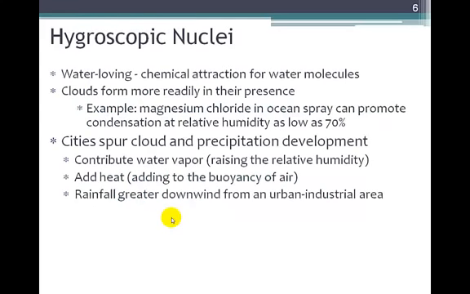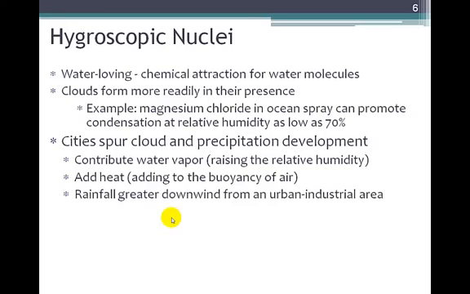A special type of nuclei is hygroscopic. Hygroscopic means water-loving, and it refers to a chemical attraction that certain nuclei have for water molecules. A good example is salt, magnesium chloride, in ocean spray that is hygroscopic. It attracts water to it. And when you have these kind of nuclei available in the atmosphere, you're going to see cloud formation happening more readily.